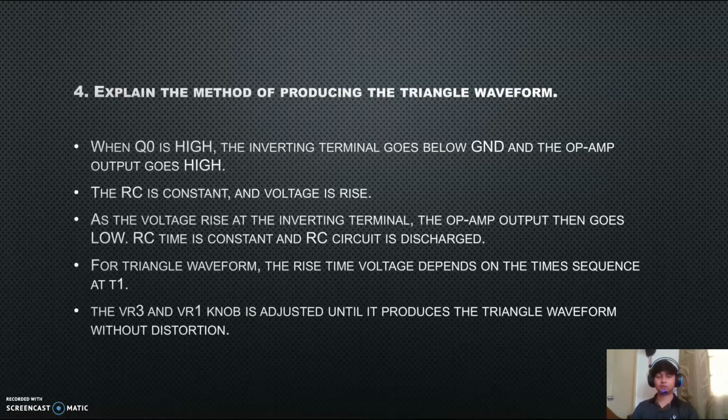Before this, for the square waveform, we just adjusted the VR1 knob, right? So the difference now is that we need to adjust both the VR3 and VR1 knobs until it produces the triangle waveform without distortion. So that is the method of producing the triangle waveform.